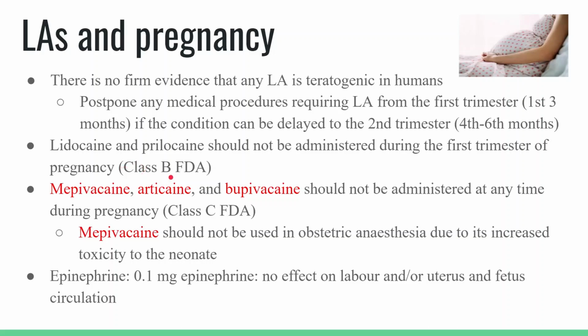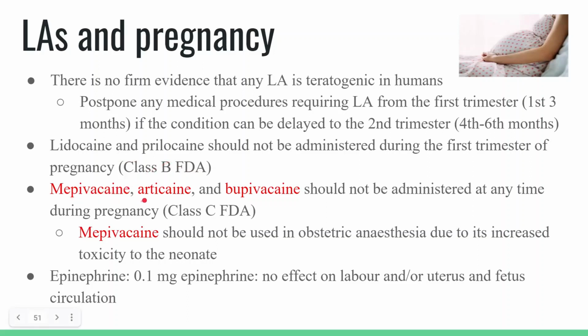Class B means the drug itself has some studies in animals showing that it is not teratogenic, but there are no studies on humans. So this means animal studies tell us it doesn't cause fetal malformation, but these things may not apply to humans, so we have to be a little bit more careful. That's why in the first trimester we avoid giving these drugs and wait for the second trimester.